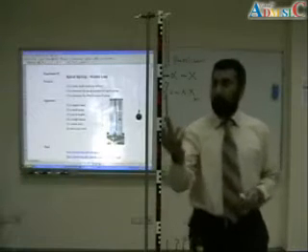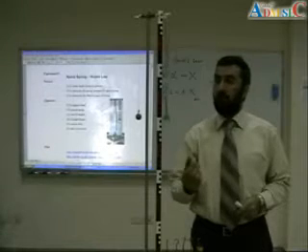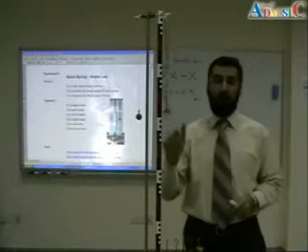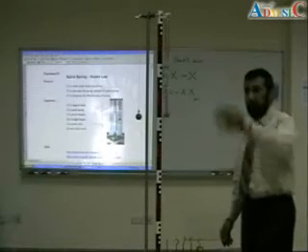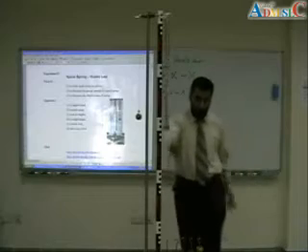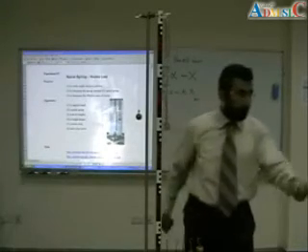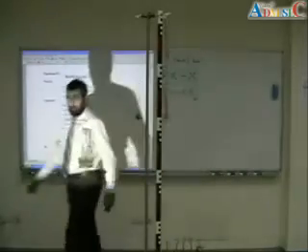Now, if this is the equilibrium point and I displace it, I have harmonic motion. And it's very nice. Simple harmonic motion, because there are so many things that are harmonic motion. When I walk like this, it is harmonic motion.